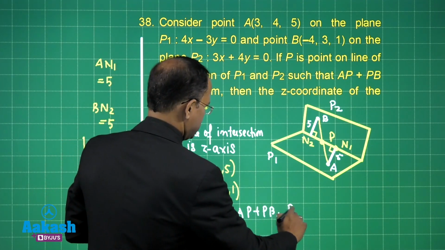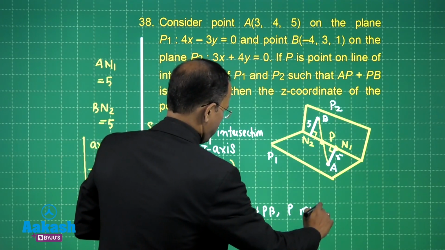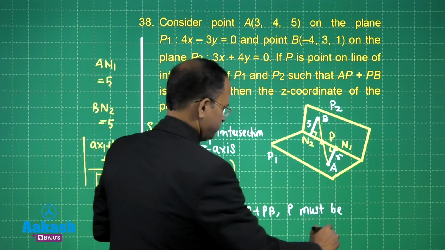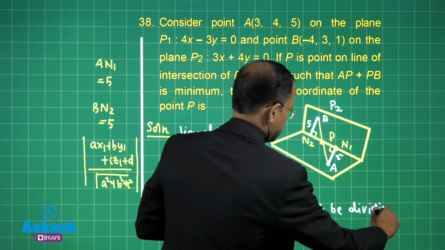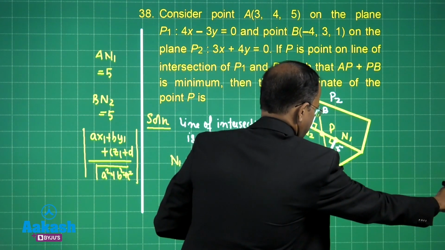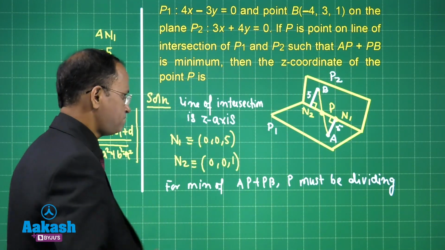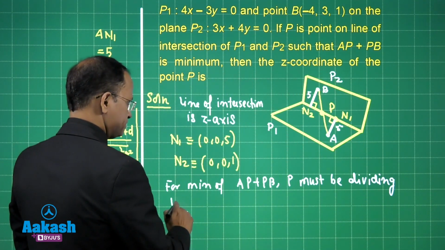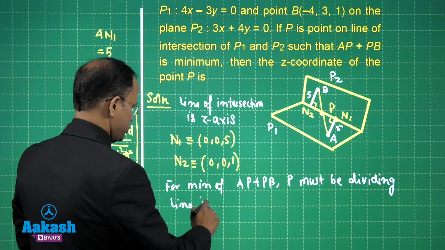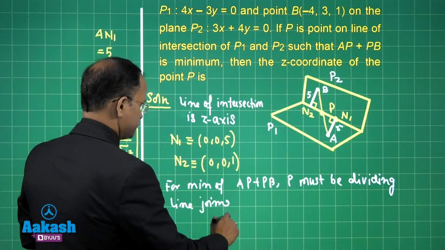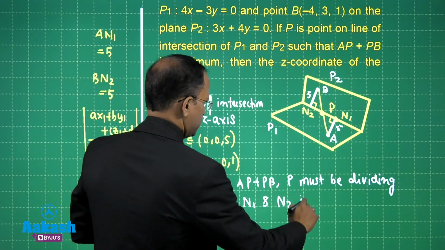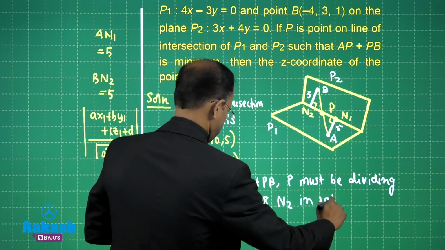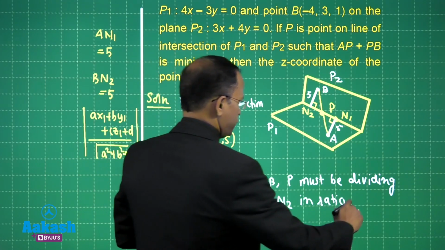P must be dividing the line joining N1 and N2 in ratio 5:5.